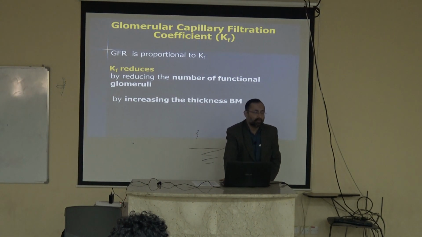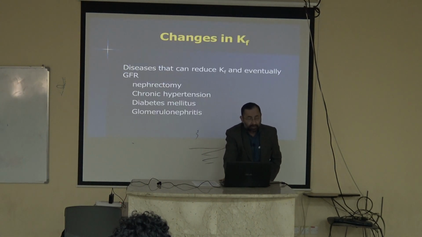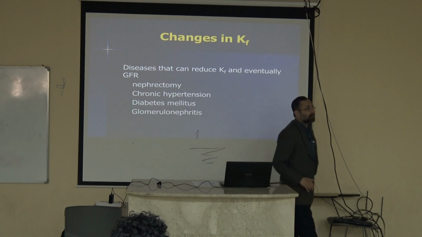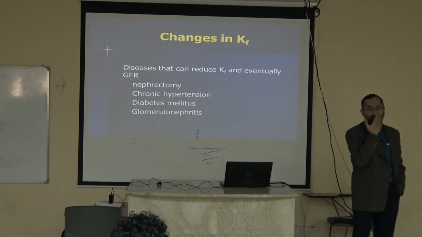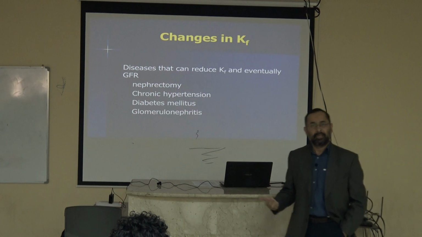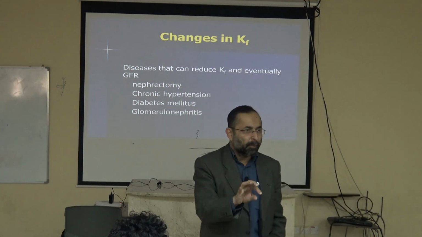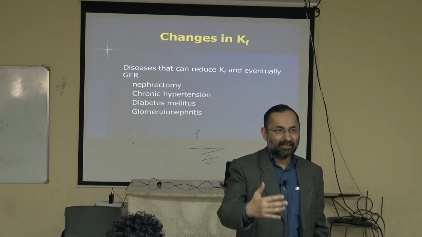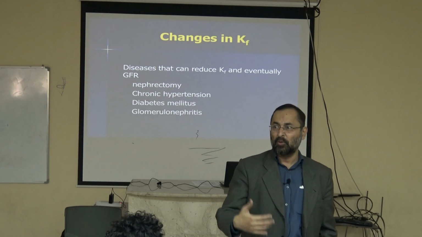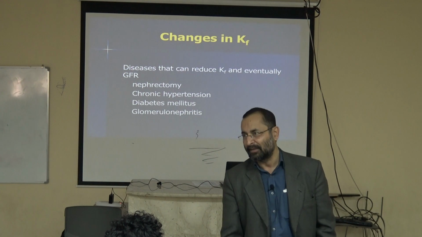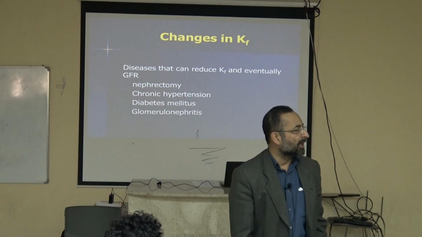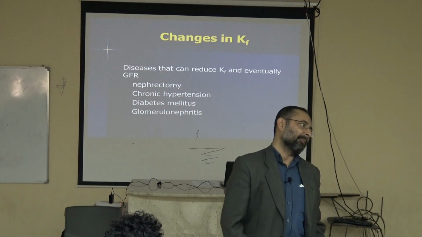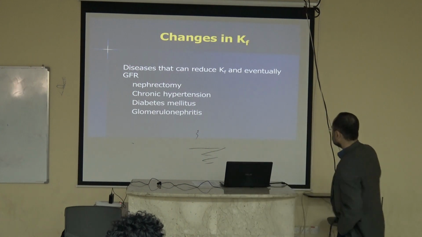In an acute situation, you're removing the kidney. And many inflammatory disorders will also affect. Glomerulonephritis initially blocks the pores and changes permeability. Later, if there is inflammatory damage and the process goes chronic, fibrosis occurs, and that will cause a change in the number of functional capillaries also. Okay?